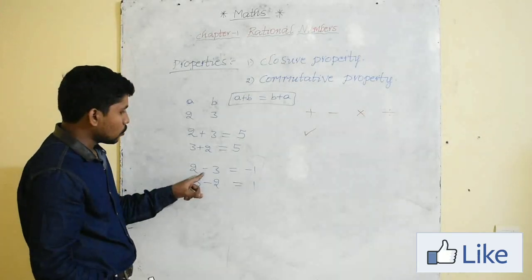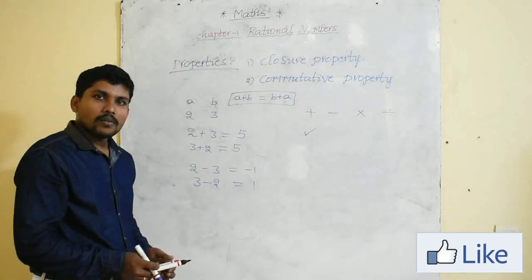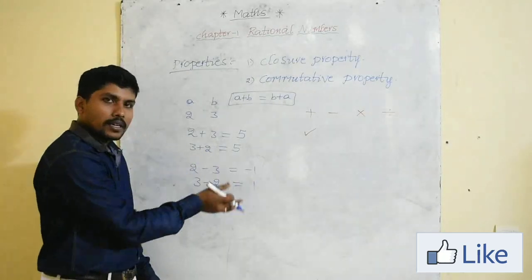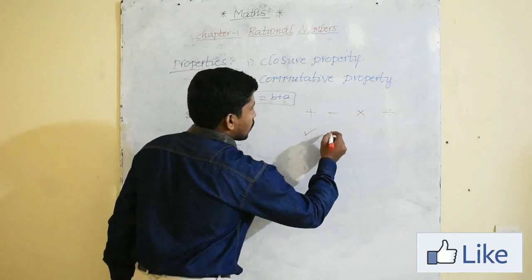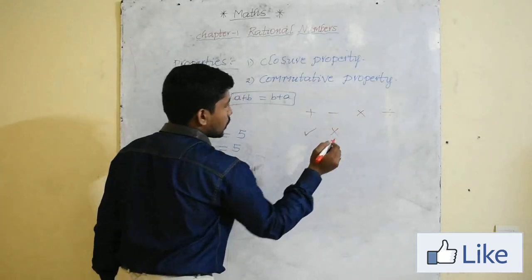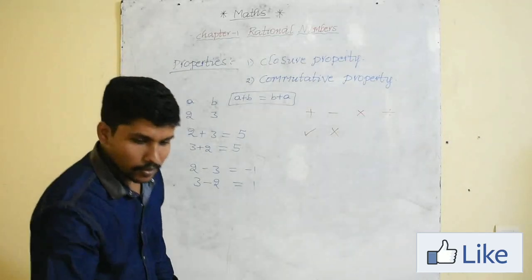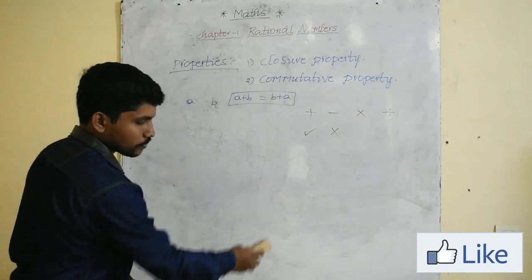So we are getting 2 minus 3 equal to minus 1, whereas 3 minus 2 results in 1. On interchanging the numbers, we are getting different answers. So rational numbers do not satisfy the commutative property under subtraction.